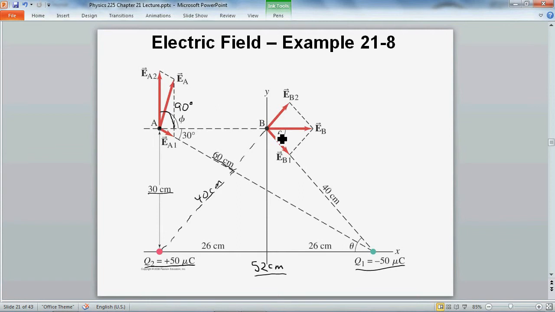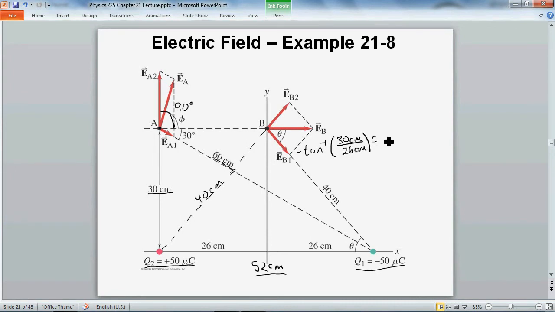This angle is based on this isosceles triangle, and we're going to have this theta is the arctangent, negative of 30 centimeters over 26 centimeters.